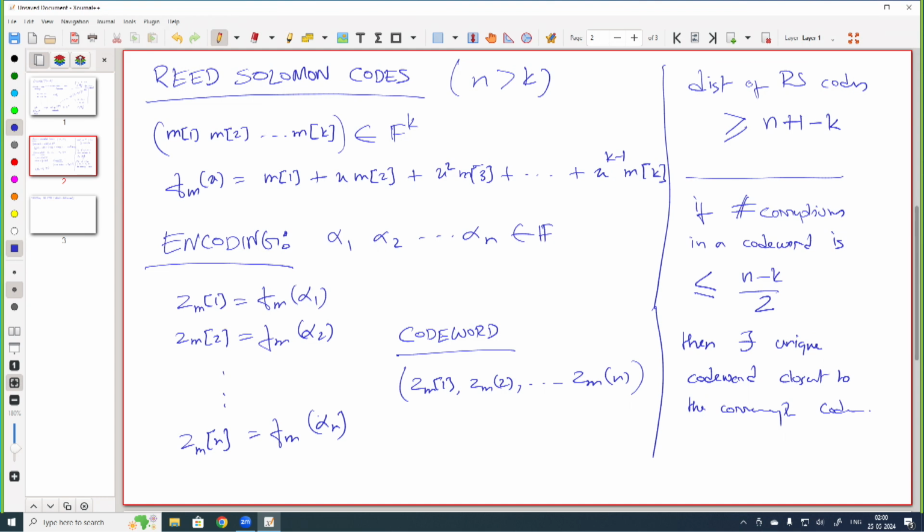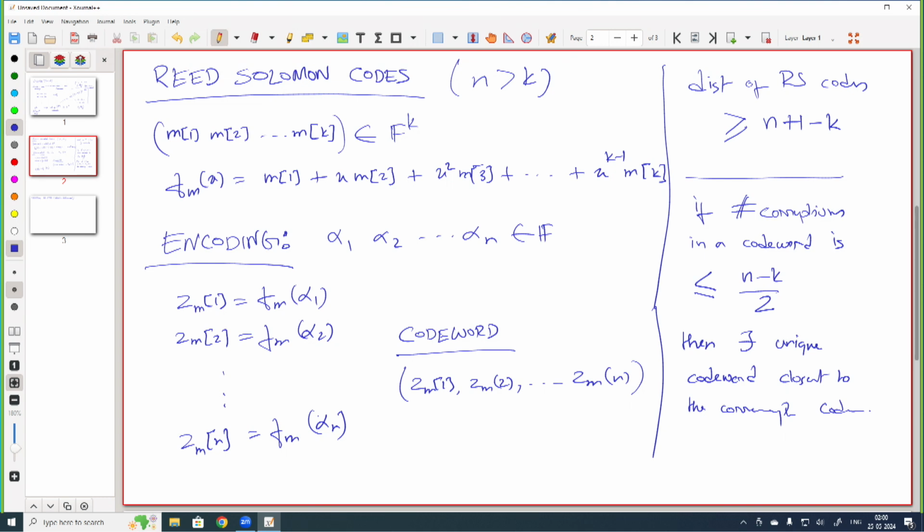It is a polynomial of degree k minus 1. To uniquely recover this message, how many evaluations of that polynomial do you need? K. You need k, because including the constant, there are k things. So, once you have the evaluation of this polynomial at k distinct points, you can fully recover this.